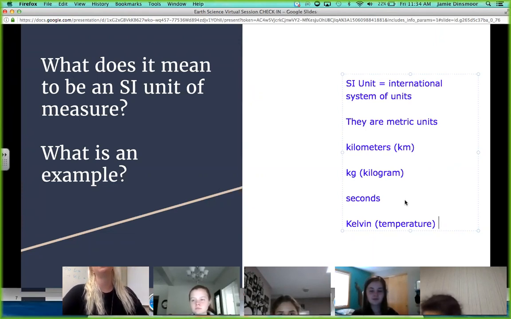However, when you're designing your own experiments or doing any kind of experimental measuring, you want to be thinking about what unit makes sense for what I'm doing, right? And I'm sorry, but we won't use inches or feet or miles, even though those are things that we use every day.